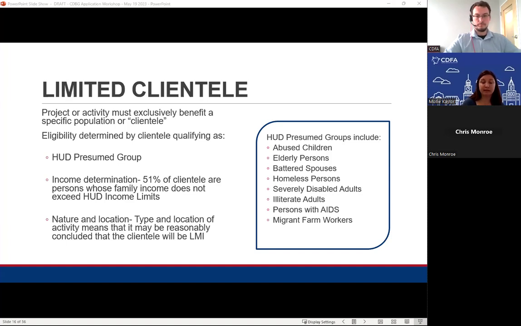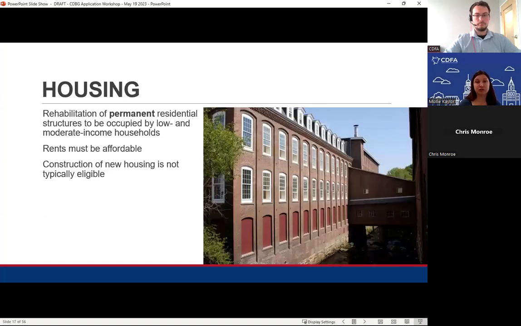The next category is housing activities. If you're applying for the CDBG housing program, the housing that you're looking to have funded must serve predominantly low to moderate income individuals. For multifamily housing, the units must have affordable rents.